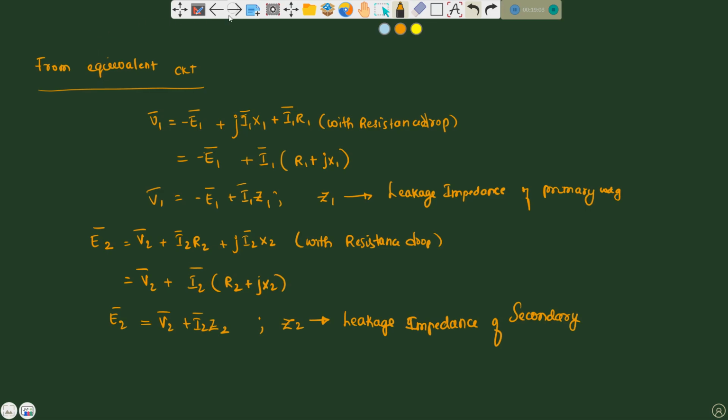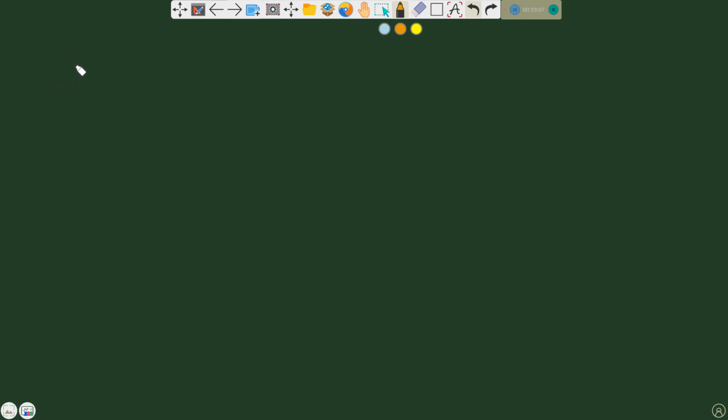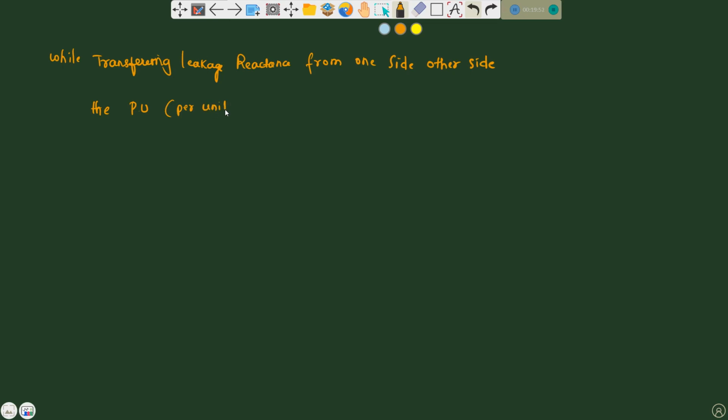Okay, so let me write here. While transferring leakage reactance from one side to the other side, the PU, that is per unit, drop should be maintained constant.